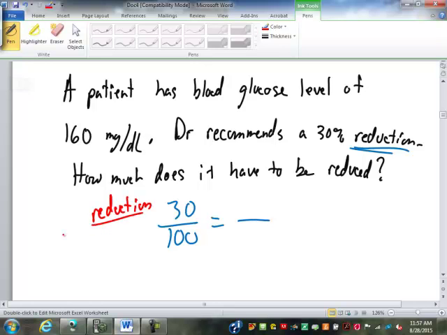On the other side, what number represents the reduction? The number we're looking for in this case, right? How much does it have to be reduced? So the missing number represents reduction. So the blank goes across from the 30. Of course, the 100%, like we said, is the starting amount or the base amount. Is the 160 a starting or a base amount? Yes, it is.